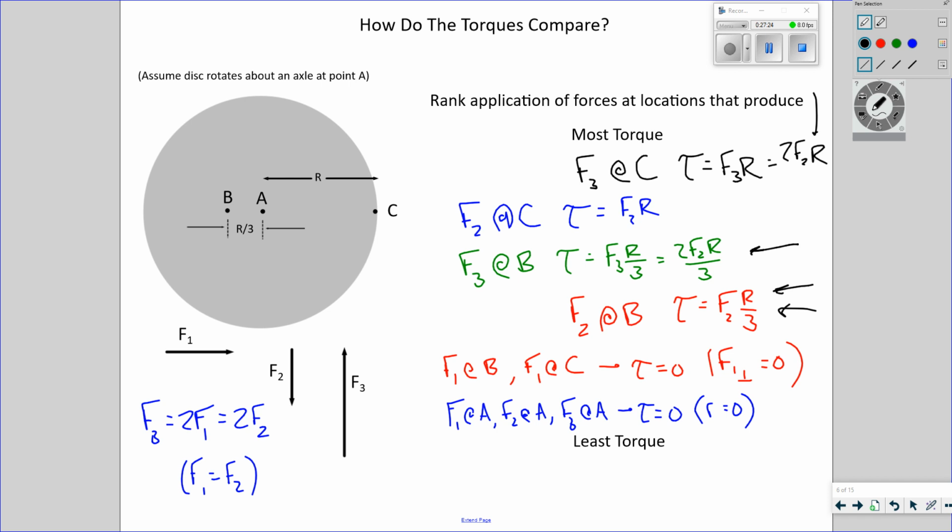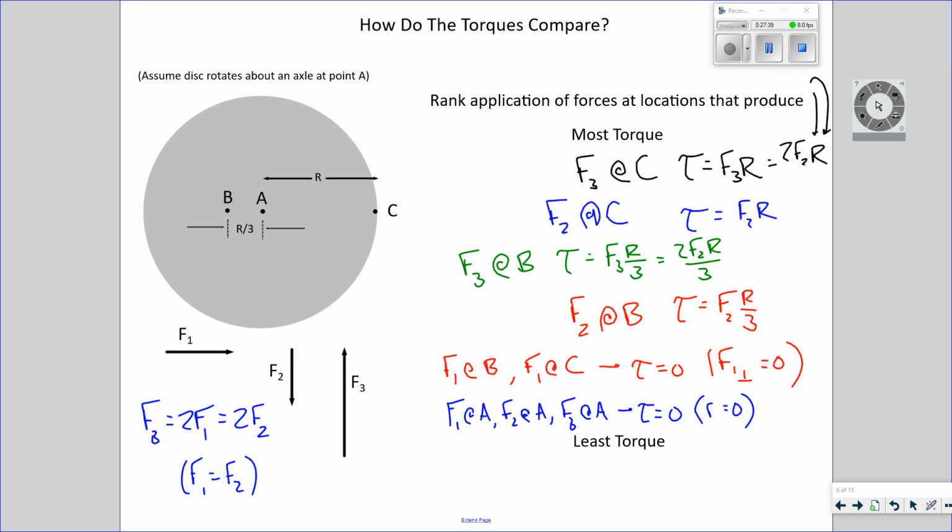This one's 2/3 of F2R. This one's a full F2R. This one's 2F2R. So we have our correct ranking. This guy goes here, and this guy goes here, and then we're done.